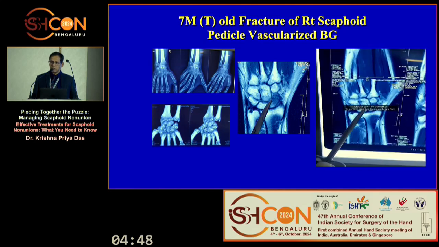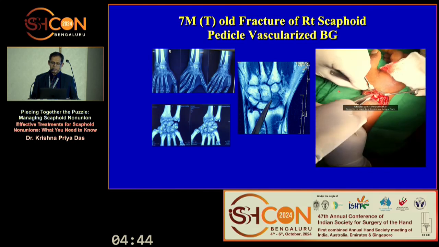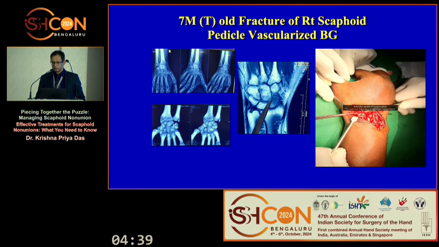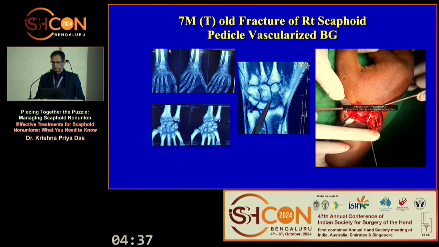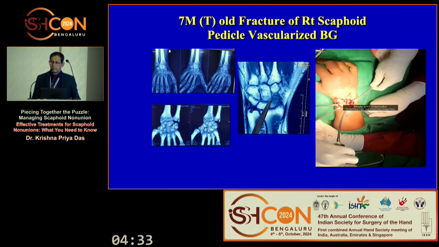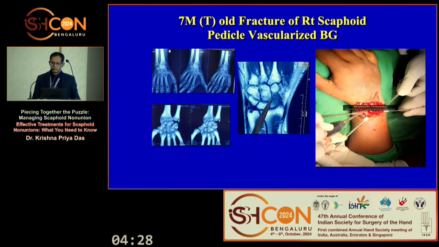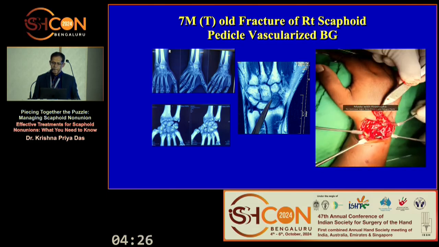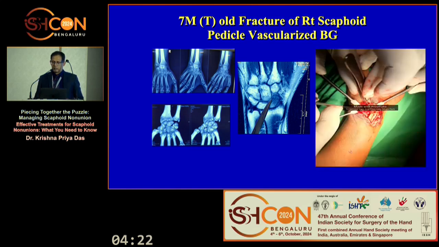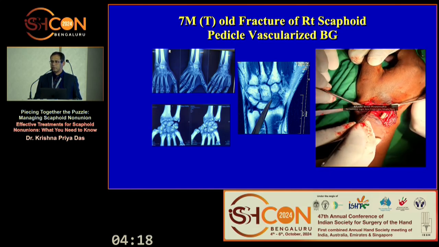Harvest the bone graft but maintain the pedicle nicely, and debride the site adequately. Then I fix the bones temporarily with a K-wire so that there is no kinking of the pedicle.